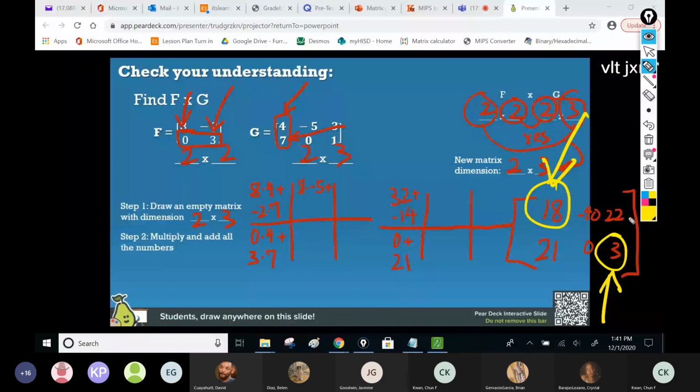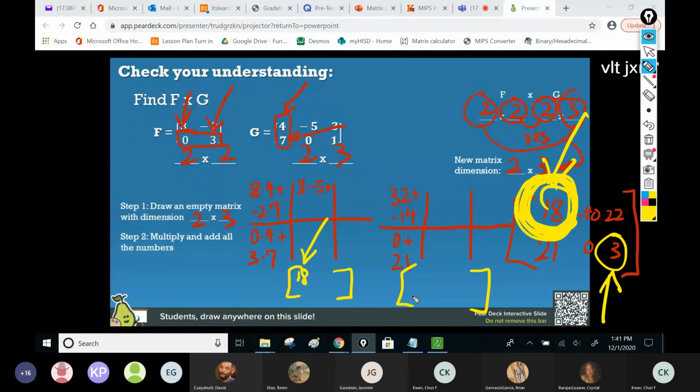For example, let's say you have four choices on the exam. All you've got to do is make sure whichever choice has an 18 on the upper left, you know that's the correct answer. Anything without an 18 on the upper left is going to be wrong.